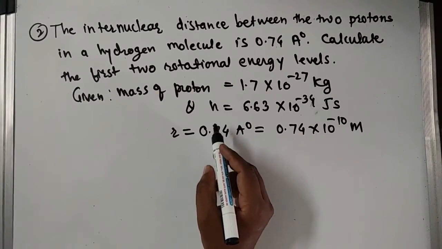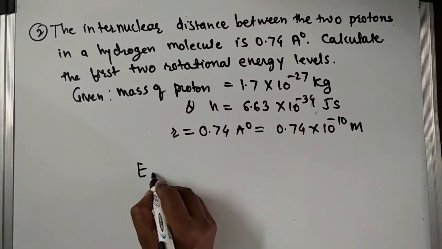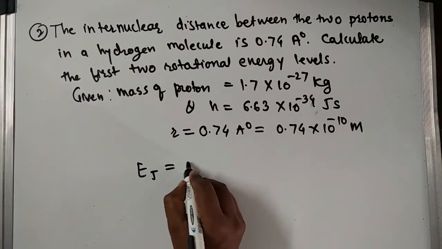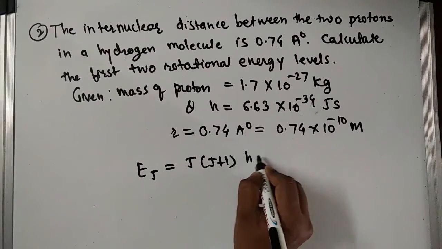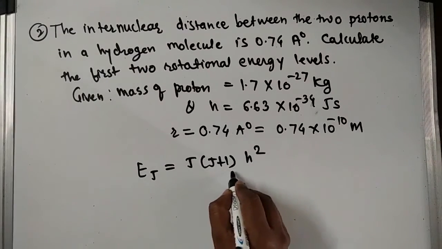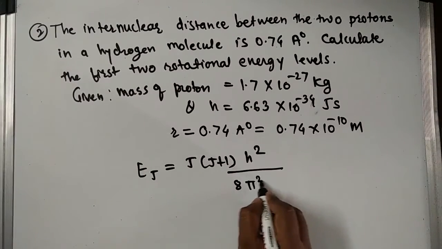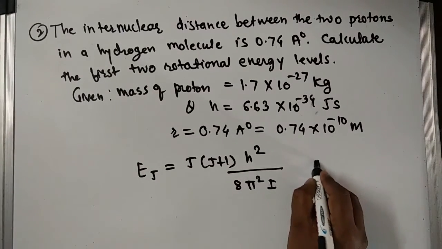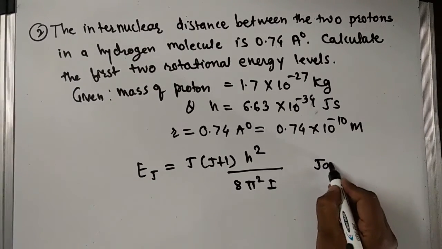So we know the formula for rotational energy levels, right? The formula is E_J equal to J into J plus 1, h square upon 8 pi square I. This is in joules.